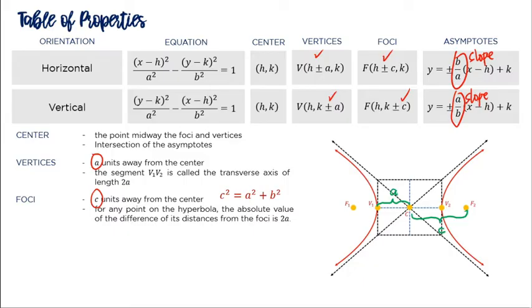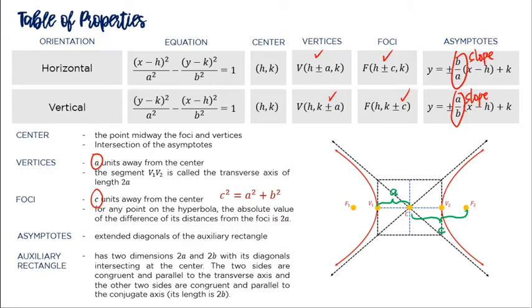So, kung ibibigay yung absolute value ng difference, that is just 2a. I hope that is clear. Next, for the asymptotes, those are the extended diagonals of the auxiliary rectangle. Kita naman sa illustration. And lastly, the auxiliary rectangle has two dimensions, 2a and 2b.